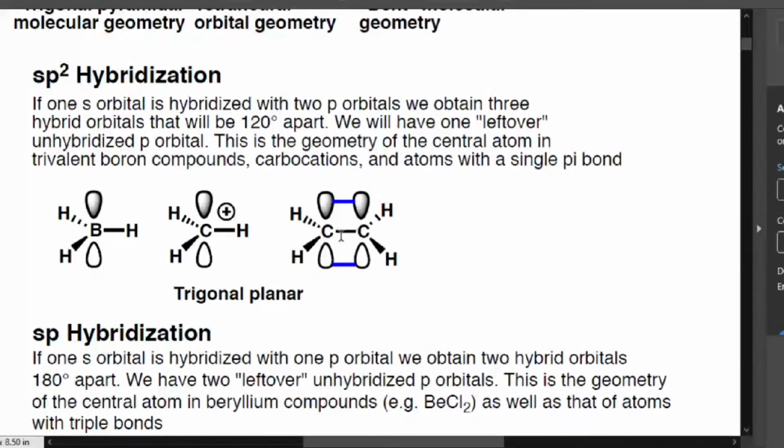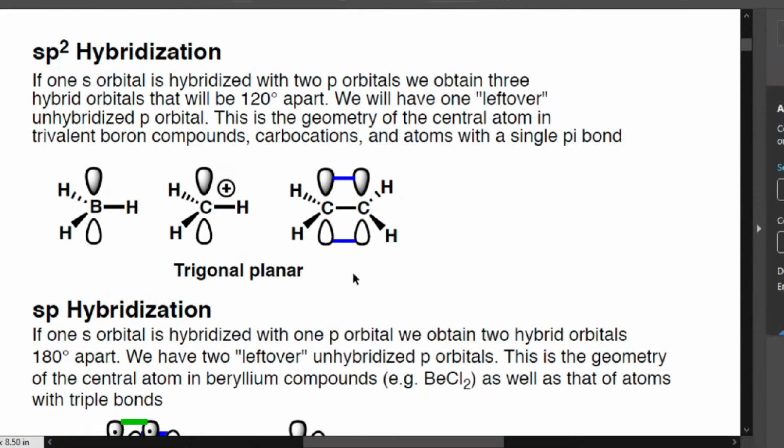This is the molecule of ethene or ethylene. It is called a banana bond, one from above and one from below. Anyway, this molecule also lies in one plane, and the unhybridized orbital is perpendicular to the plane, and there is a pi bond.